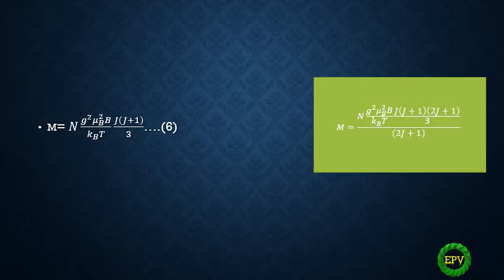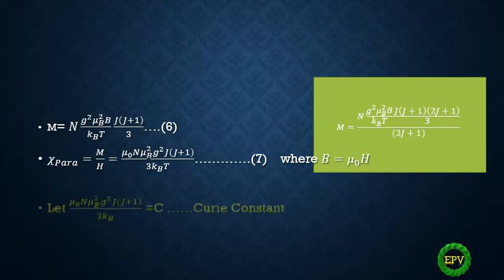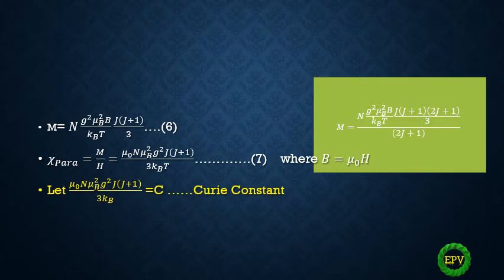Paramagnetic susceptibility can be obtained from the equation M by H. We know that B is equal to mu 0 H. Substituting the value of B in the above equation and cancelling the H value, the final equation will be susceptibility is equal to mu 0 N mu B square g square J into J plus 1 divided by 3 kBT. Equation number 7.